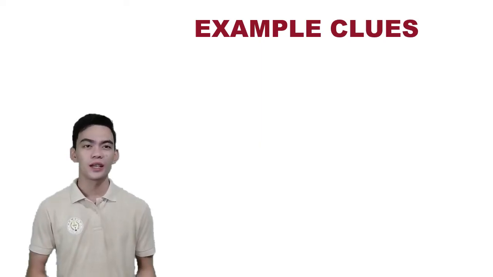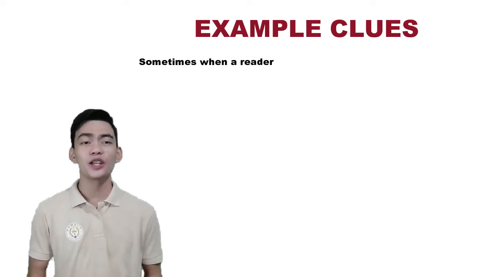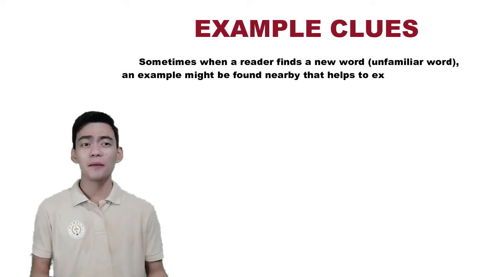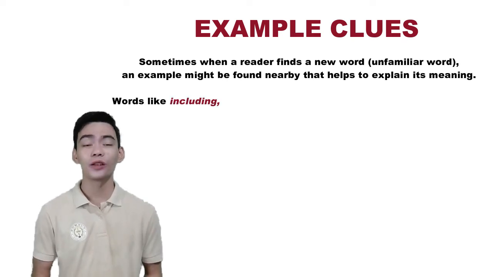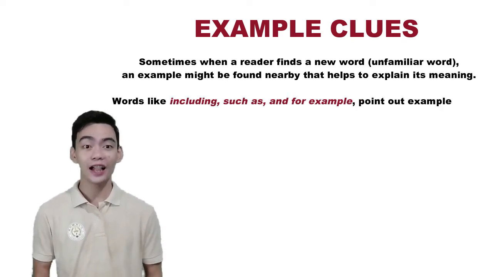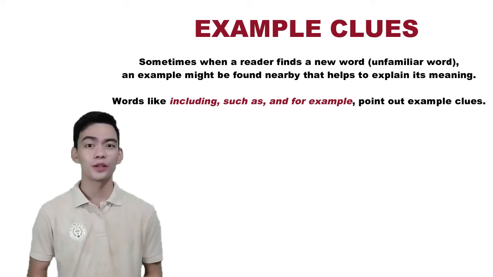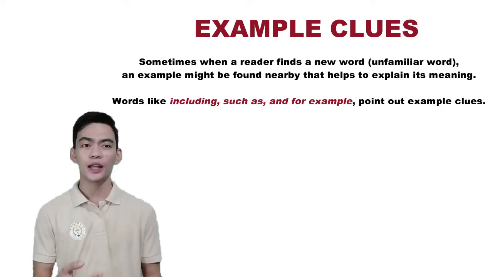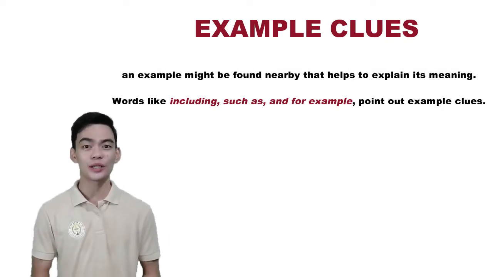Another kind of context clues is example clues. Sometimes, when a reader finds a new or unfamiliar word, an example or examples might be found nearby that help to explain its meaning. Words like "including," "such as," and "for example" point out example clues.